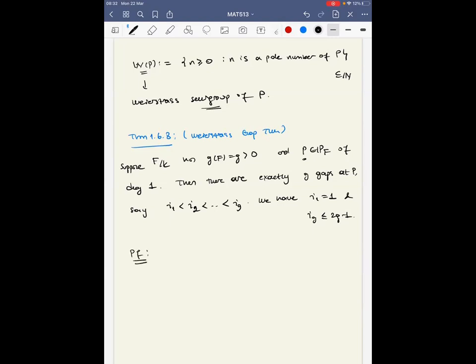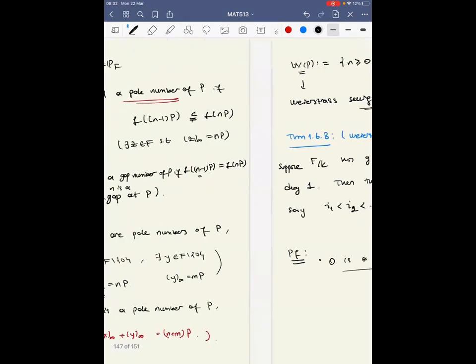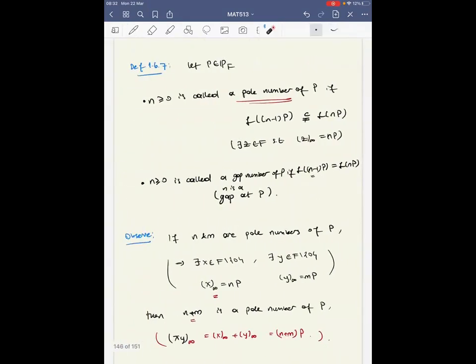For this theorem, let me do some observations. For instance, let's check if the natural number 0 is a pole number of P. Indeed, we only apply the definition of being a pole number, so that means we check whether these two Riemann-Roch spaces have proper inclusion.